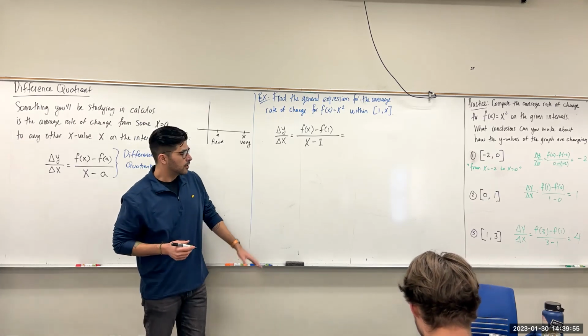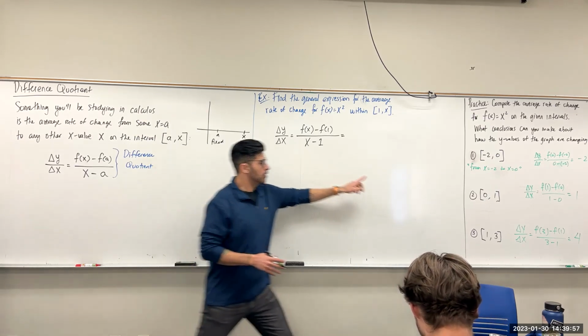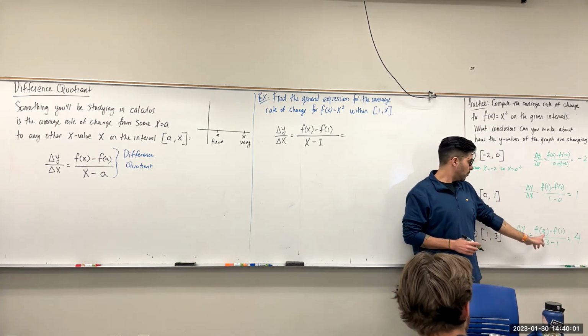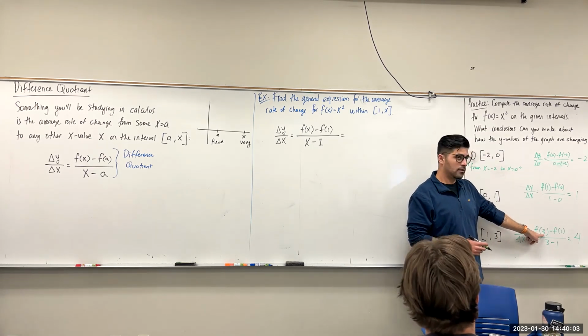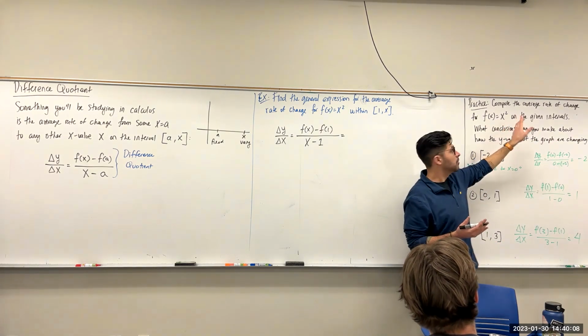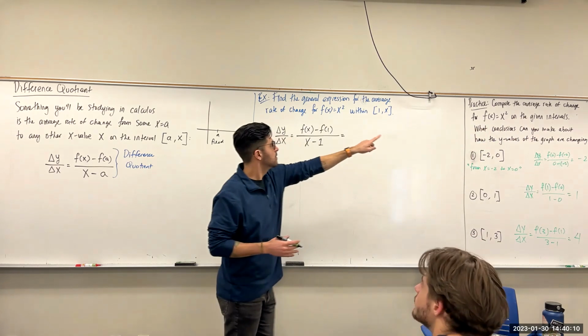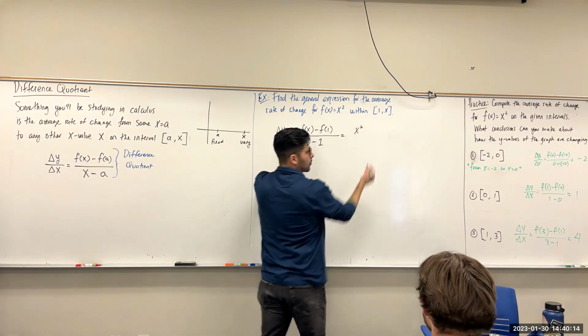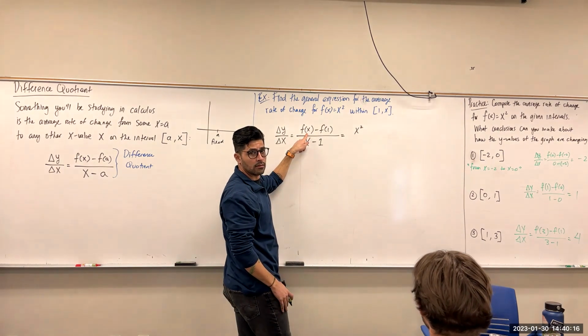Okay, here's where it gets funky. See how this looks almost identical to what you did here? Okay, what did you do with that 3? You plugged it in, and that 3 you squared it, right? But because I'm plugging in an x, I'm gonna leave this as just x squared. I just literally write the function again.